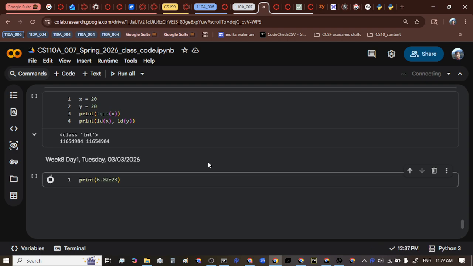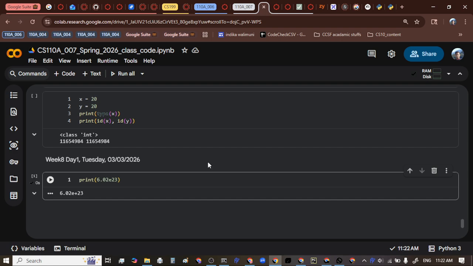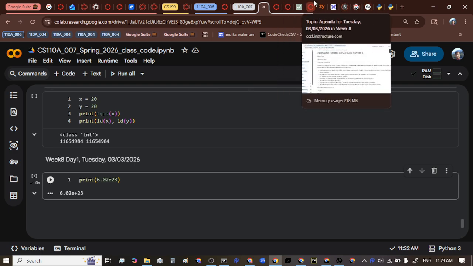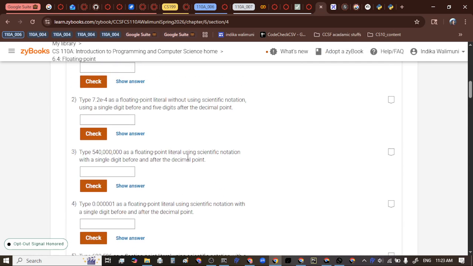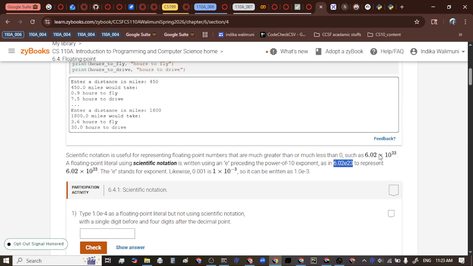See that the E stands for the exponent, right? I think it's for the decimal power. That's the notation, right? So basically we have this 10 to the power 23. So that whole thing, the E means that. Okay. So yeah, E stands for exponent.